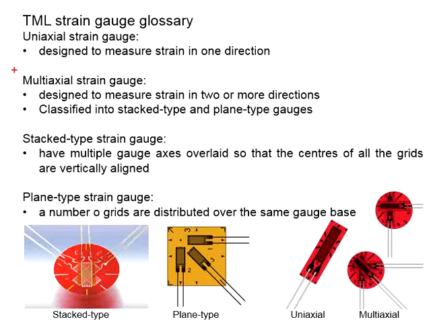Now, among the multi-axial strain gauges, they can be further classified into staggered type and plain type gauges. These are the staggered type strain gauges. The sensitive elements are laid one over another, and the centers of all the grids are vertically aligned.